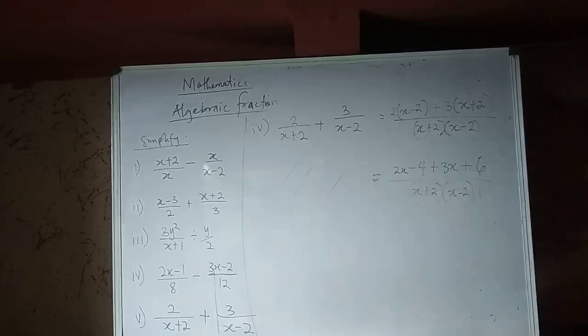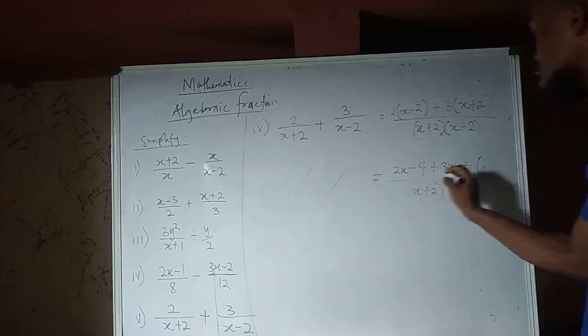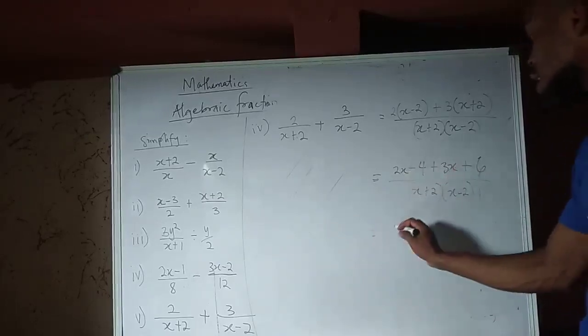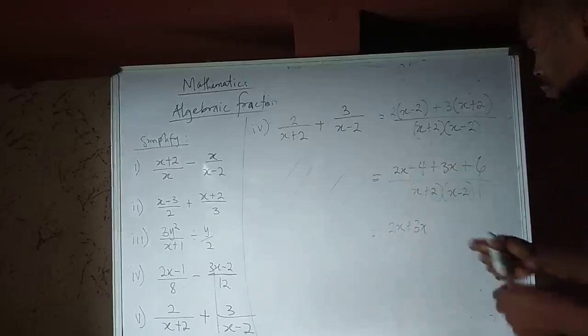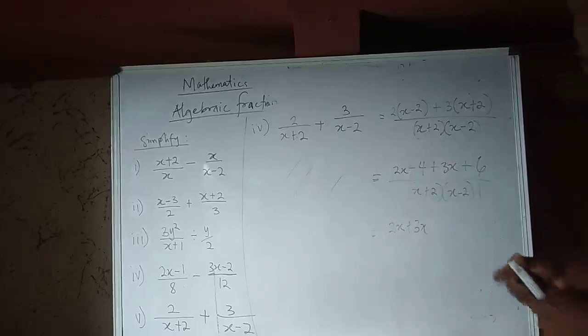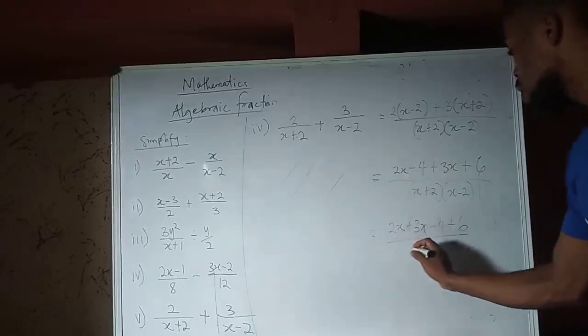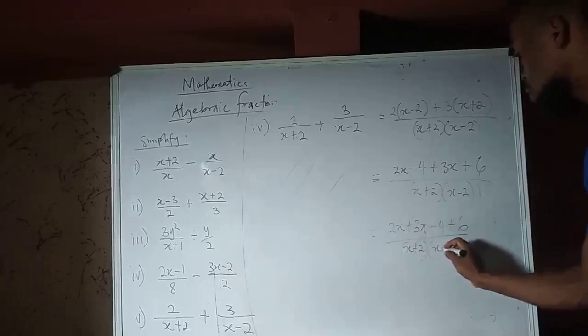With this problem solved to this point, it's going to simplify to 2x plus 3x. We collect like terms, right? 2x plus 3x, then minus 4 plus 6, all over x plus 2 and x minus 2.